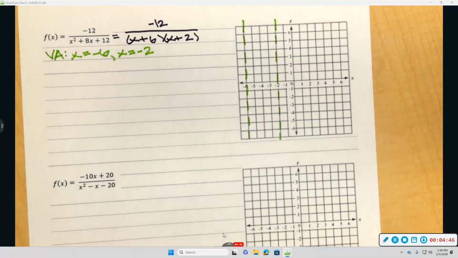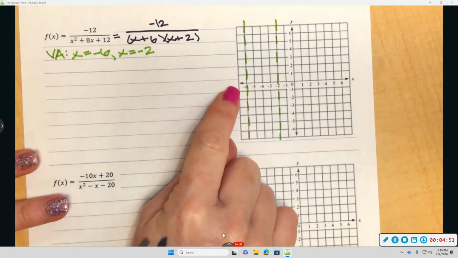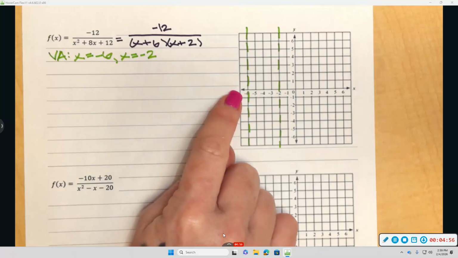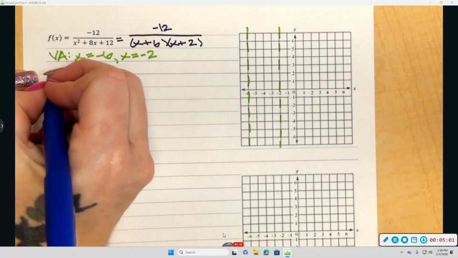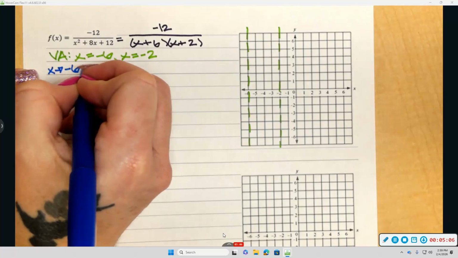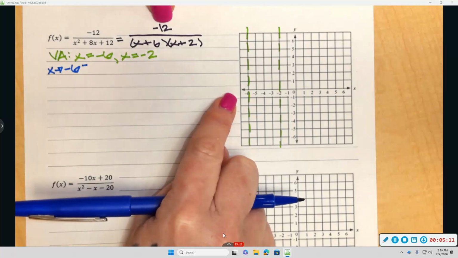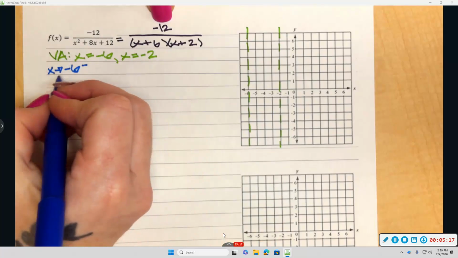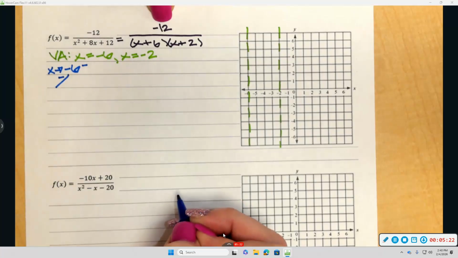The next thing I want to think about is what's happening on each side of those asymptotes. Let's think about x approaching negative 6 from the left. So we're approaching from over here, and we're using this function. If we are less than negative 6, my 12 is going to stay negative. What about the denominator?